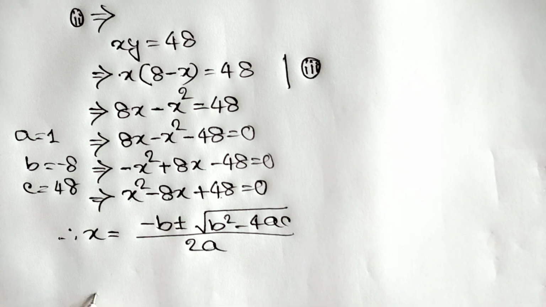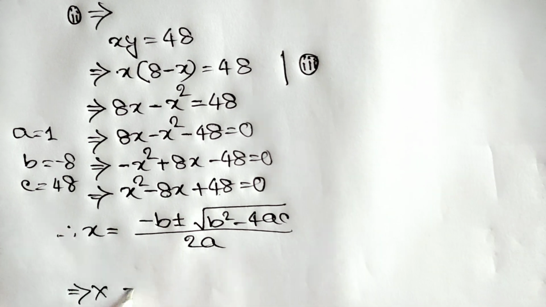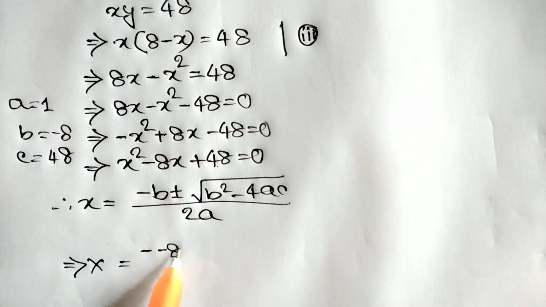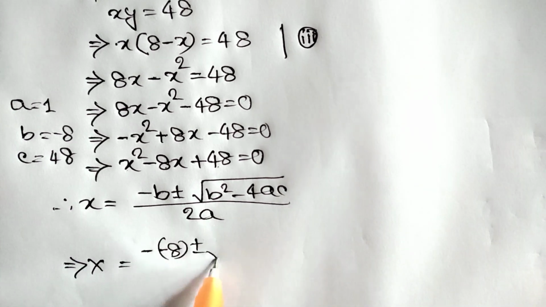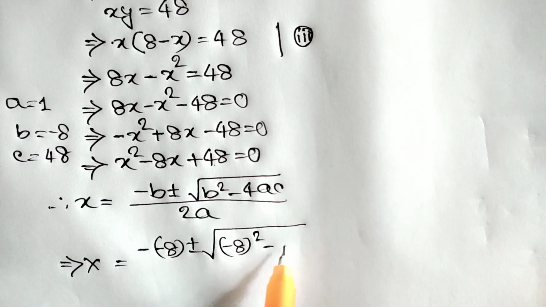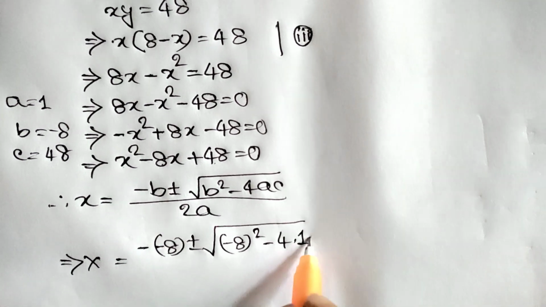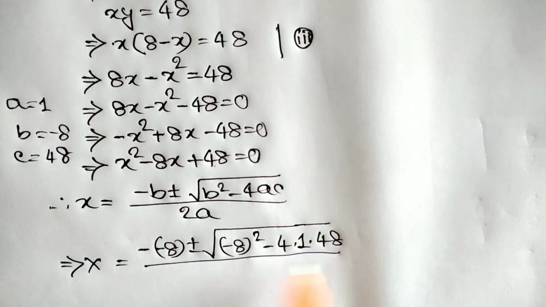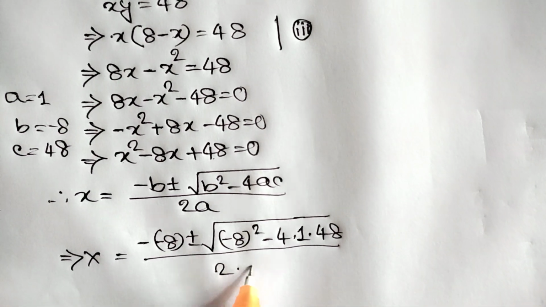So x is equal to minus b, that means negative 8, plus or minus square root of negative 8 square minus 4 times a, that means 1, times c, that means 48, over twice a, that means 1.